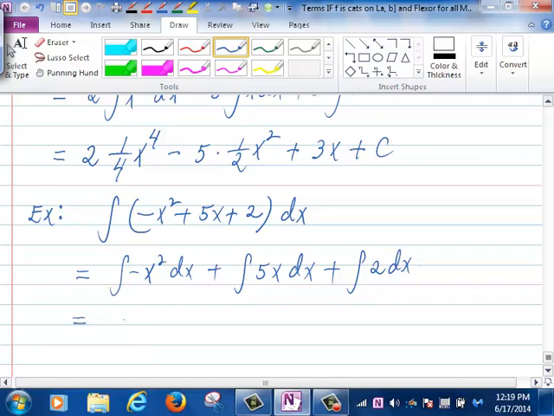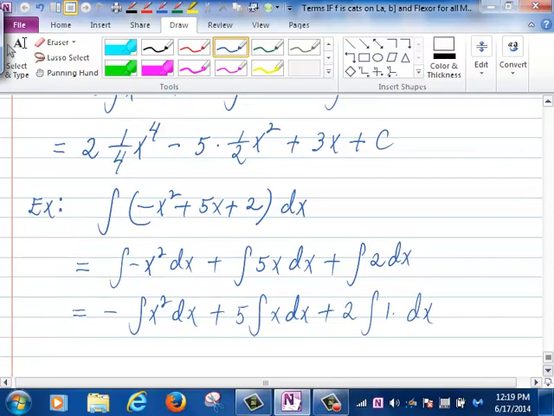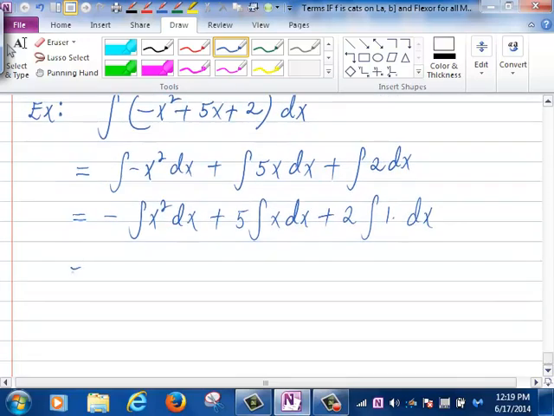This is equal to negative the integral of x squared dx plus 5 times the integral of x dx plus 2 times the integral of 1 dx. Okay, so this is equal to negative, by the power rule, x cubed divided by 3, plus 5 times x squared divided by 2, plus 2 times x, and at the end I add a constant c.